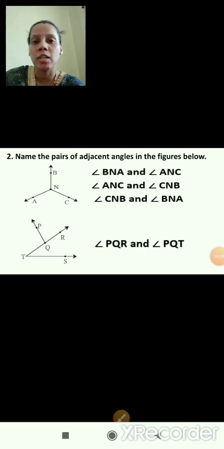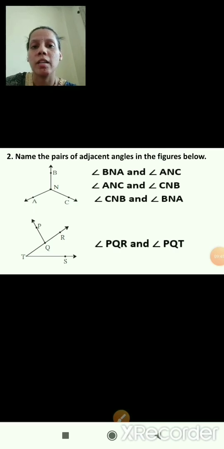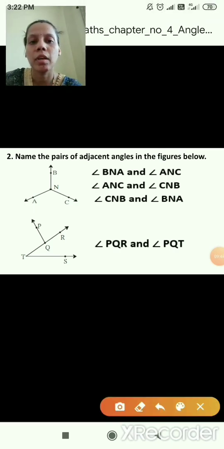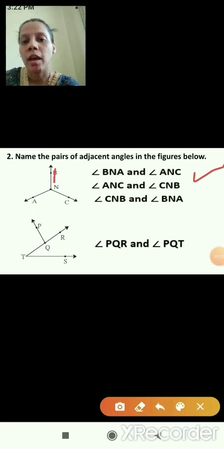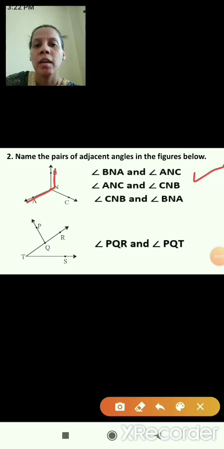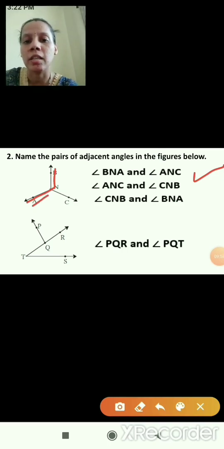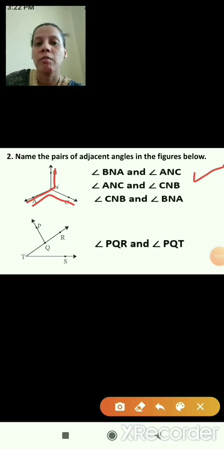Now in this first figure we will write down the pairs of adjacent angles. The first adjacent pair I have written is angle BNA, which is adjacent to angle ANC. Why?